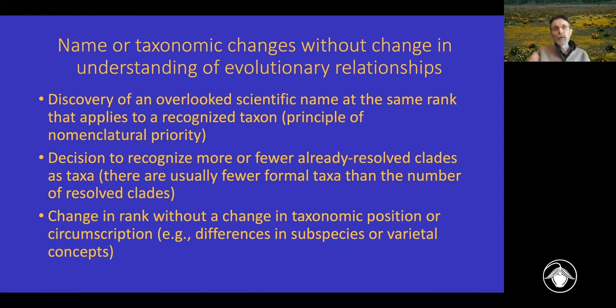Although sometimes people, again, can propose to conserve the traditionally used name, but it has to go through a major procedure, and it may or may not be accepted. Outside of nomenclatural issues, there can be a decision to recognize more or fewer already resolved clades as taxa.